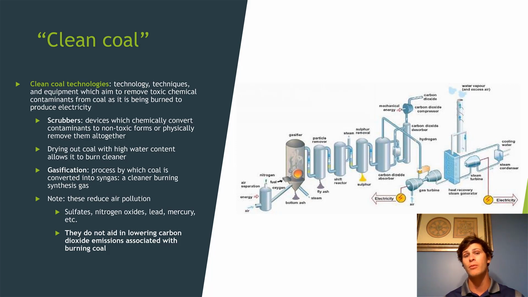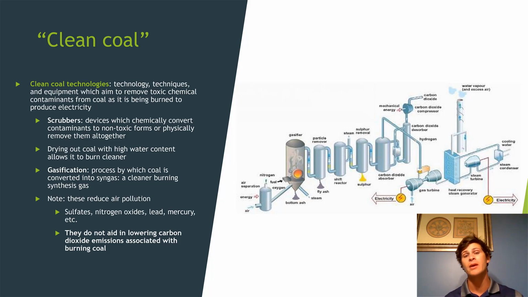In addition to using scrubbers or electrostatic precipitators or any other scrubbing mechanism to remove the byproducts from the exhaust, there are also some other techniques that we can employ to remove some of these toxic byproducts. Second, we can dry out coal. If coal is still wet or has a high concentration of water in it, we can dry that coal out, which allows it to then burn a little bit cleaner.